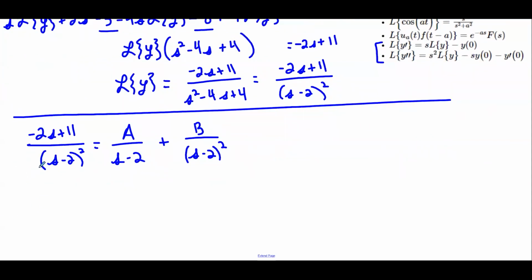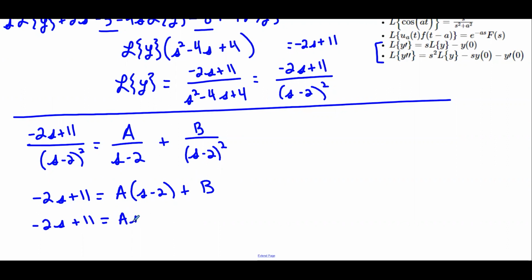So we're going to multiply both sides by s minus 2 squared. It cancels out on the left. One of the s minus 2's is going to cancel out with the first term, and then they both cancel out on the second term. So let's get rid of this parentheses. Let's distribute.